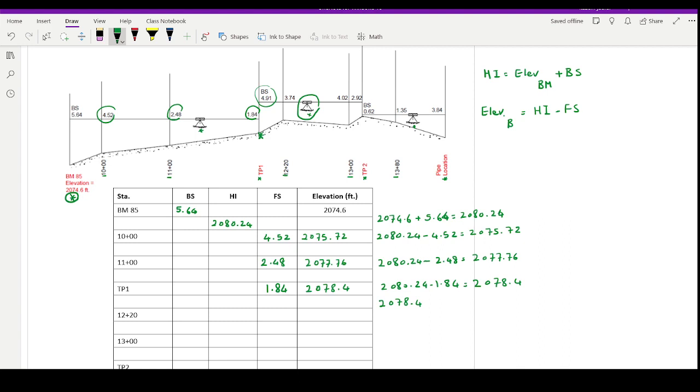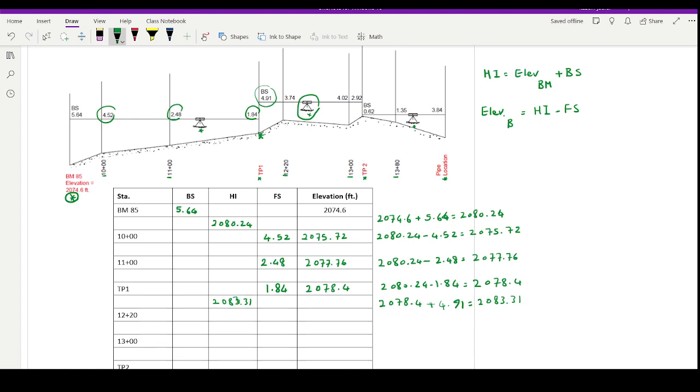Okay, so this plus BS, which is 4.91, and that's going to be equal to 2083.31, and I write it here.